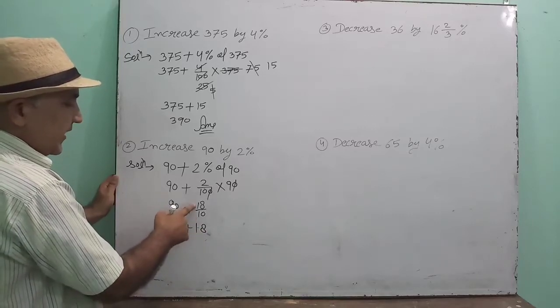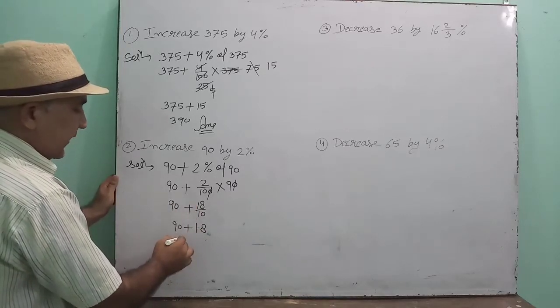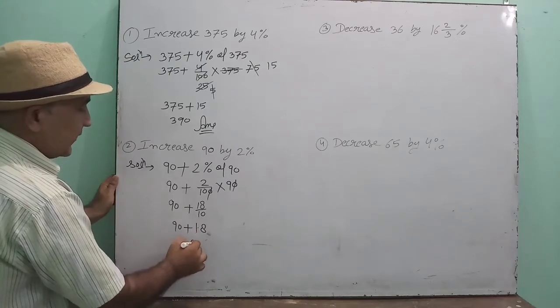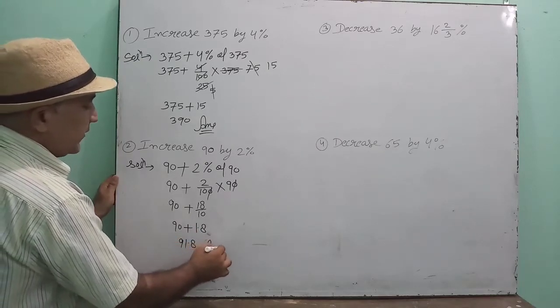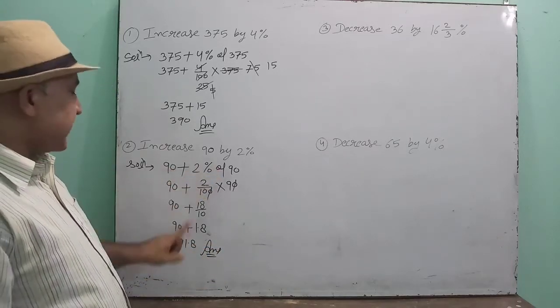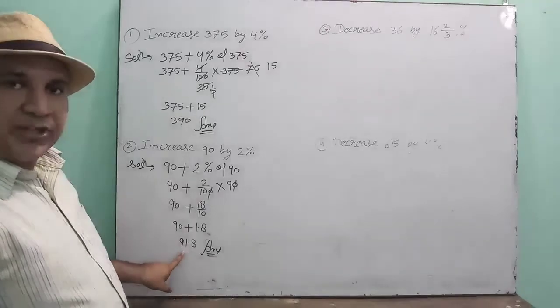When 10 divides 18, you will get 1.8. 90 plus 1.8 will be 91.8. Understood? When 90 is increased by 2%, you will get 91.8.